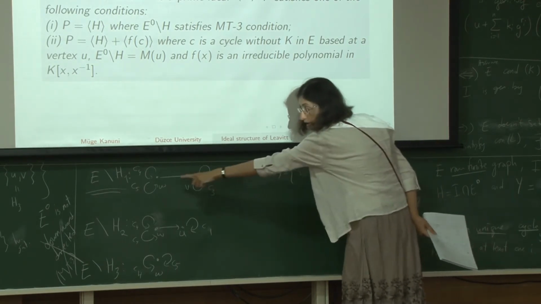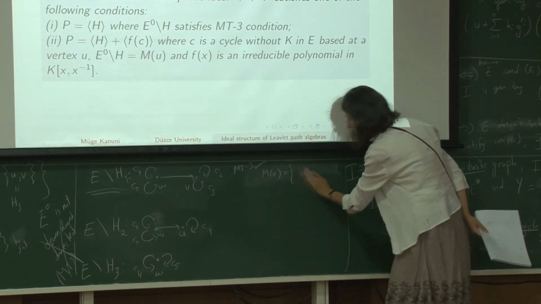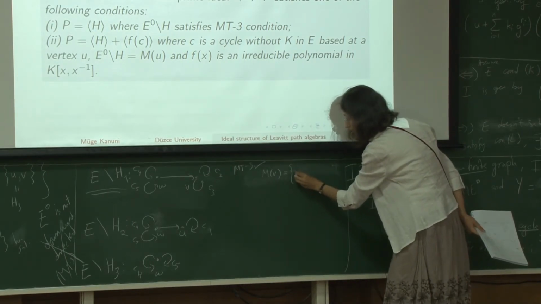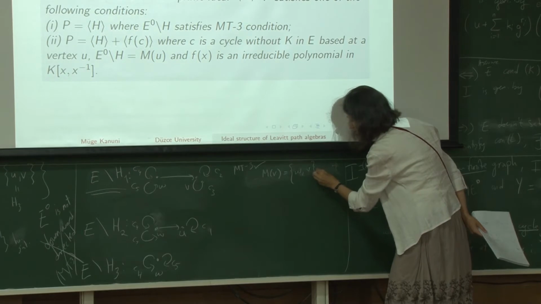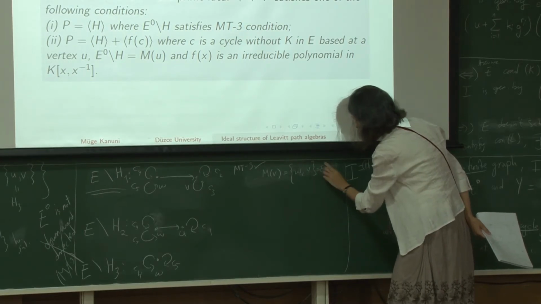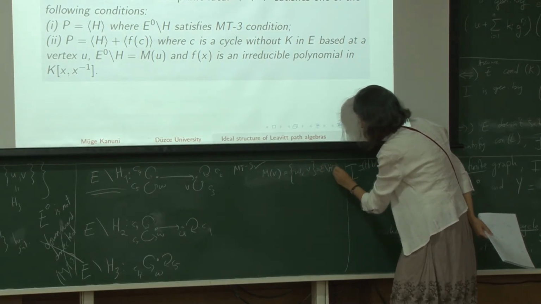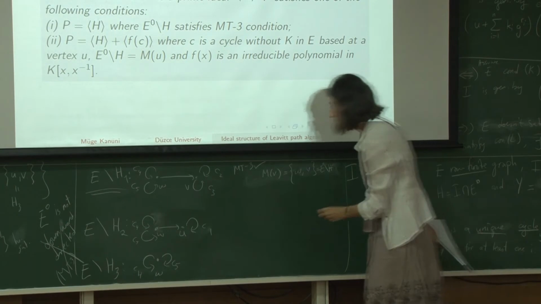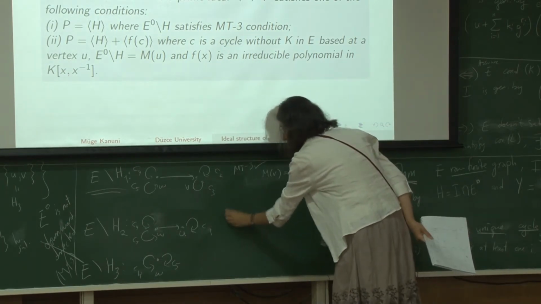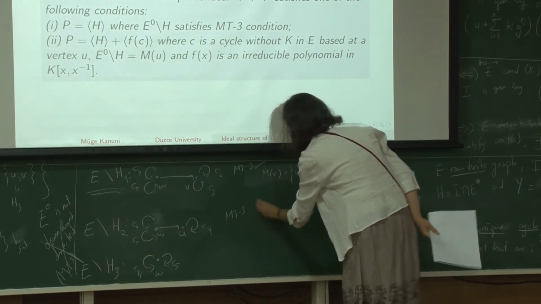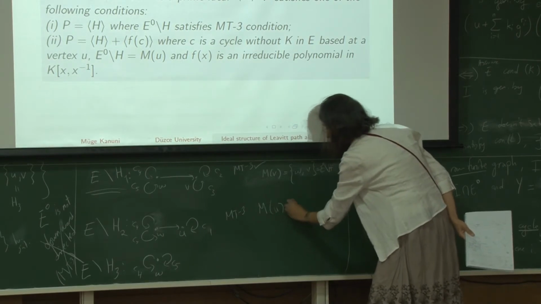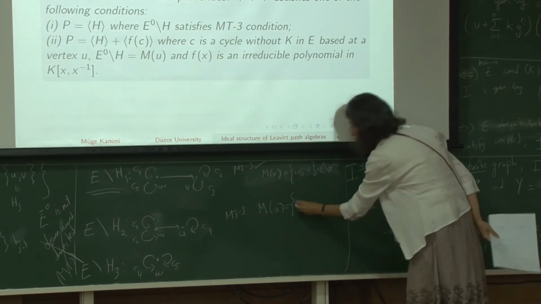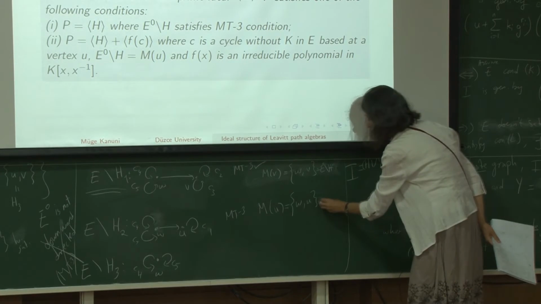Every path here ends at B. This is E0 minus H. Over here, this is again MT3, and moreover, it's MU, because W and U connect in here.